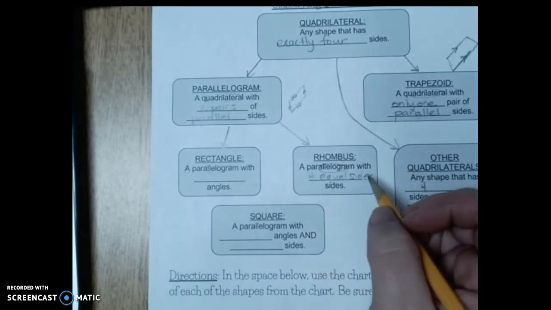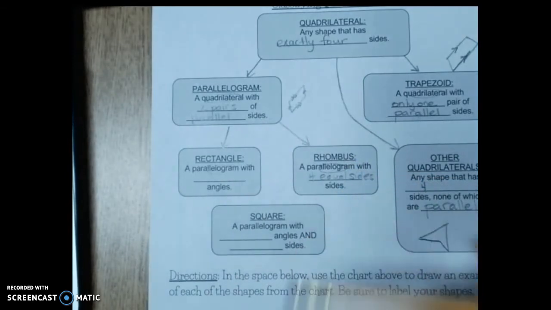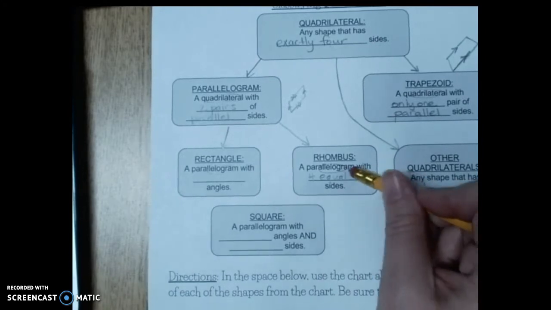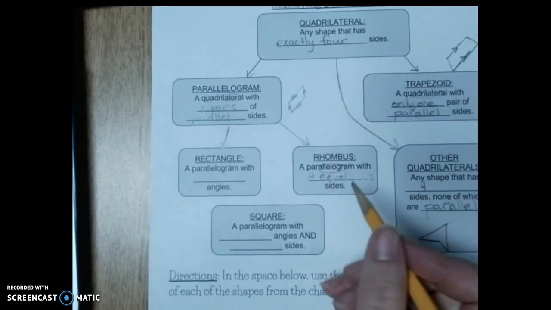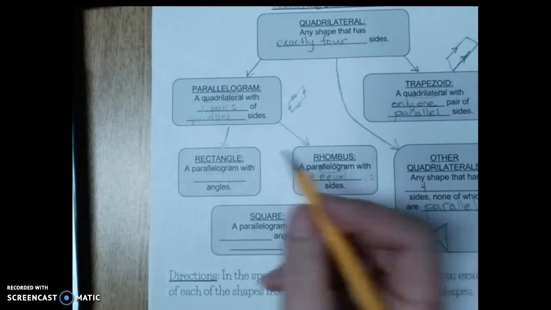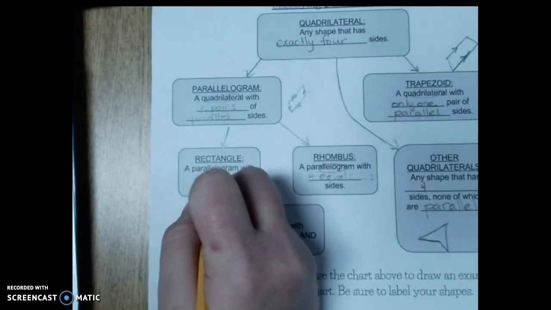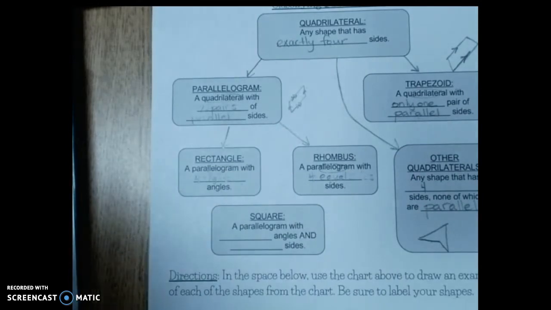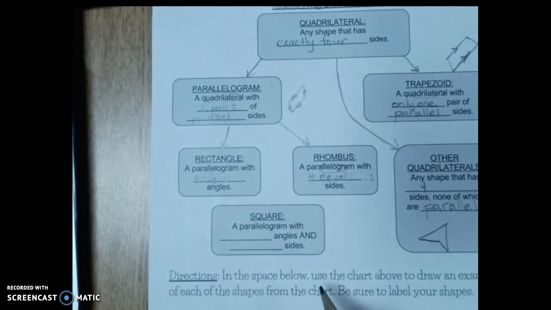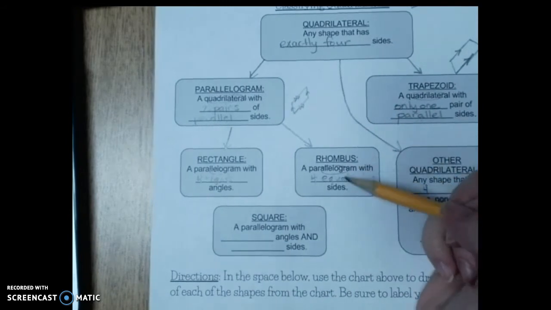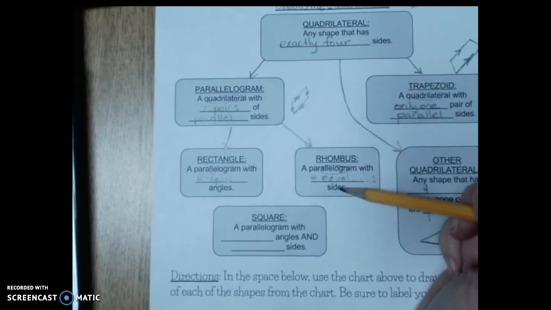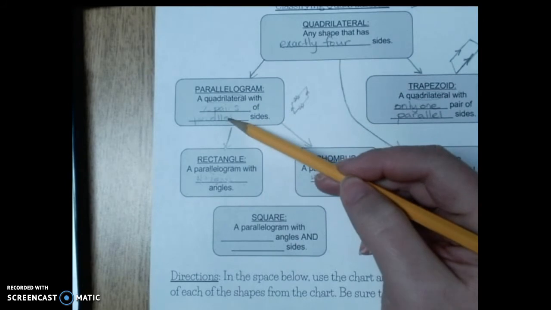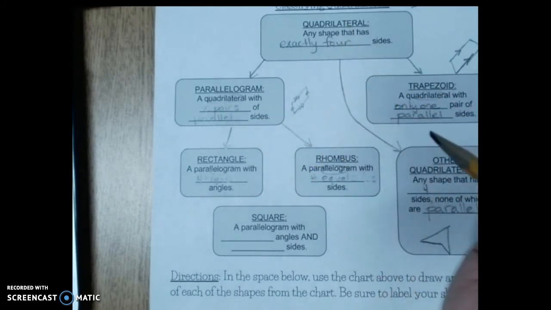Now, a rectangle doesn't have equal sides, but it has equal angles: all four are right angles, which makes them equal because they're all 90 degrees. So if I were to give attributes of a rhombus, I could say a rhombus has four equal sides, it has two pairs of parallel sides, and it has exactly four sides.